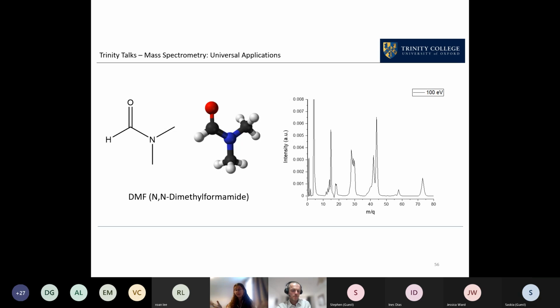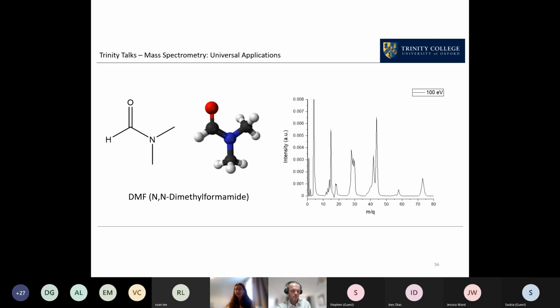And this is a mass spectrum of DMF. So the idea would be if we can look at how DMF acts, it has a peptide bond, which is that nitrogen to carbon to CO bond. That's a peptide bond. If we can look at how this acts when we hit it with electrons, we can eventually extrapolate that quite a bit further to maybe try and guess how a big protein containing millions of these peptide bonds would act.